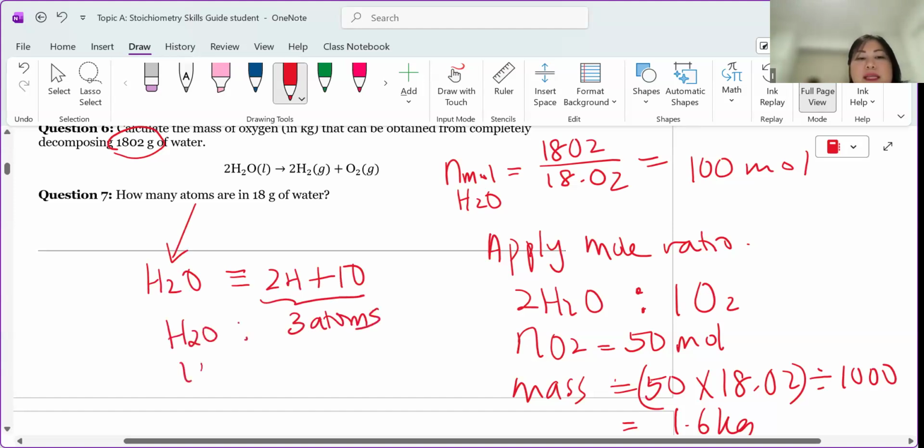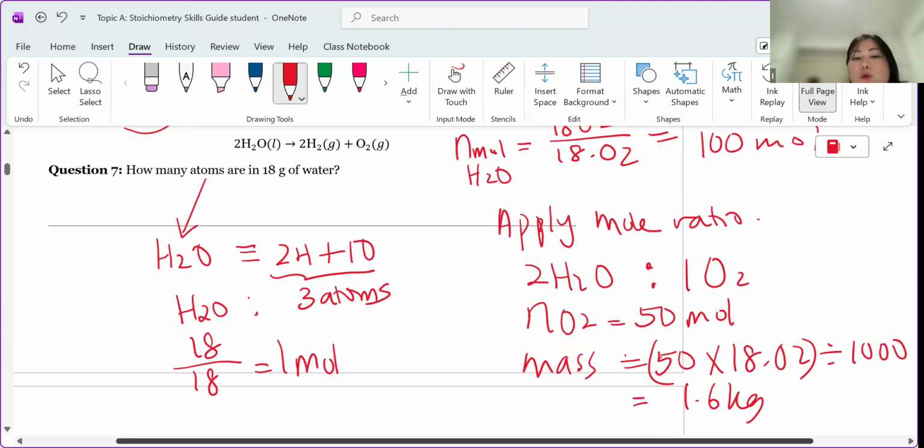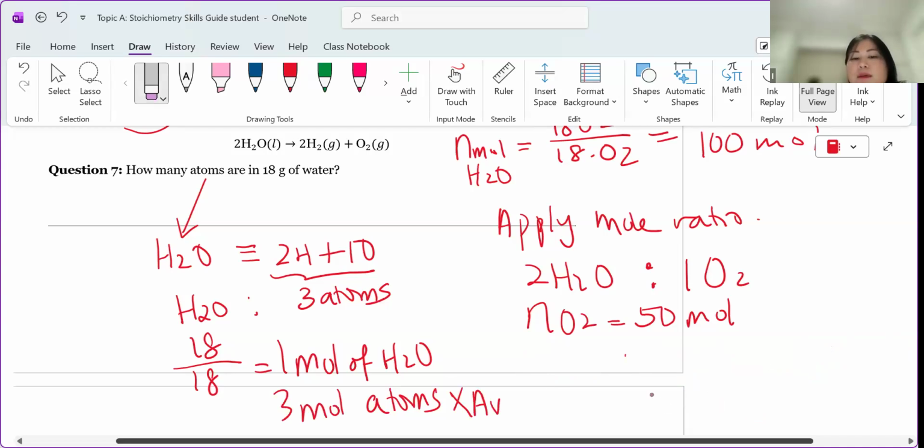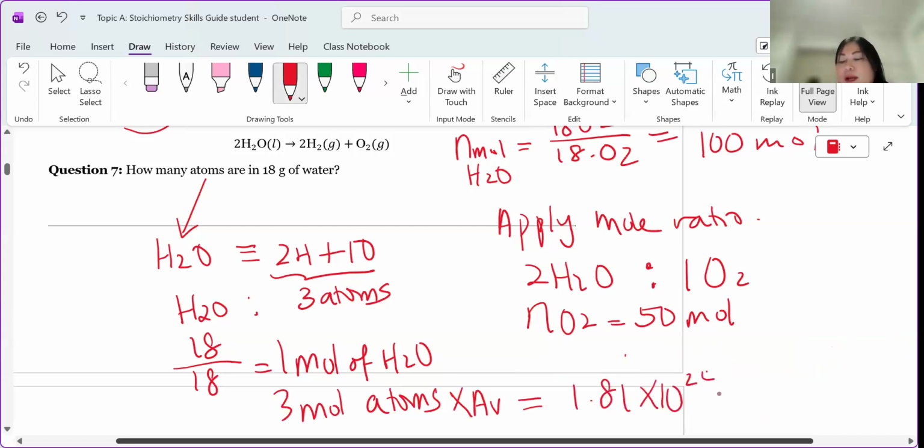So 18 grams divided by 18 is 1 mole, but of H2O. But in terms of atoms, it will be 3 moles of atoms. And with 3 moles of atoms, we multiply by Avogadro's constant, and you will work out the number of atoms. So 3 moles times 6.02 times 10 to the power 23, you get 1.81 times 10 to the power 24 atoms.